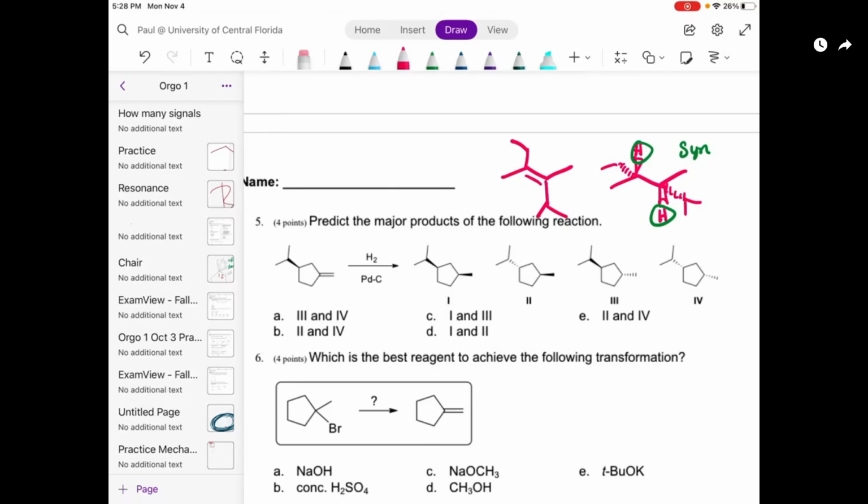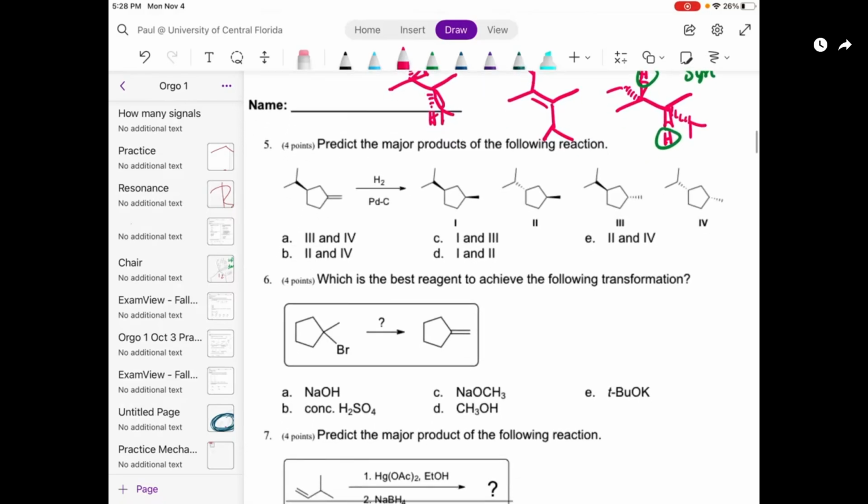You could then see the alternative where the hydrogens come in from the back face. And so you would have wedges for the isopropyl and wedges here for the ethyl.